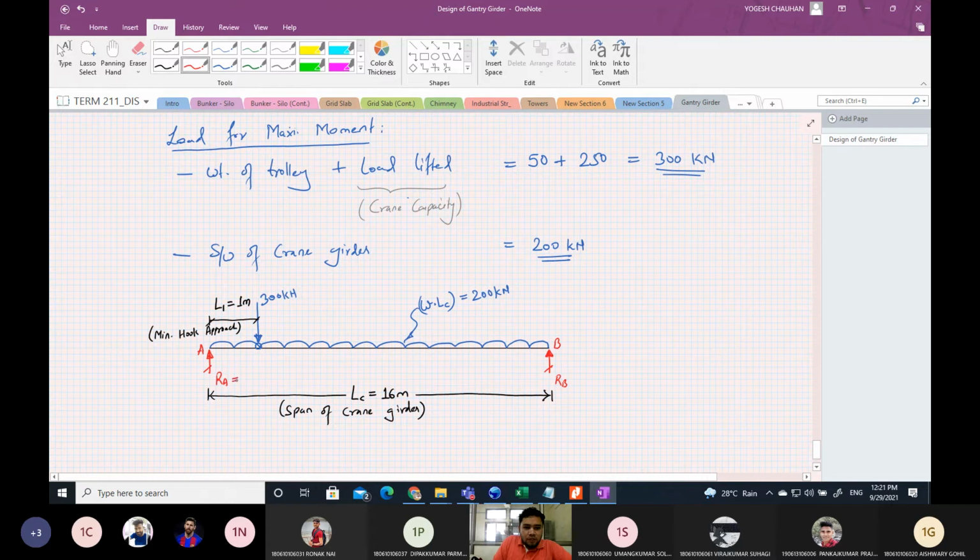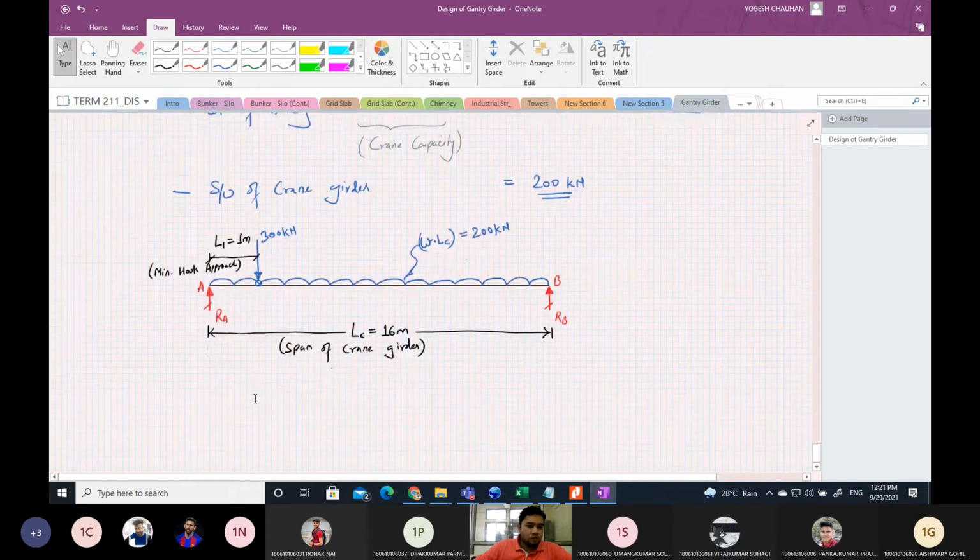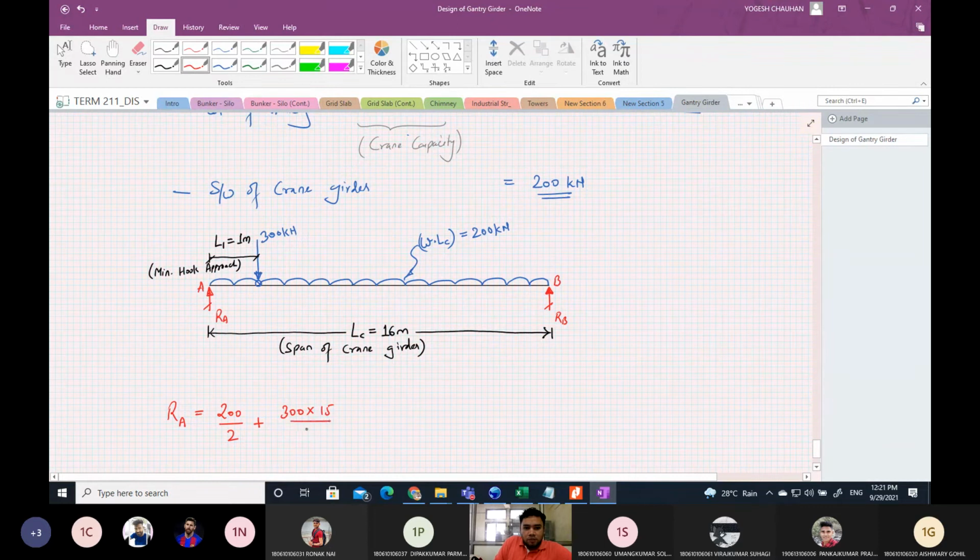So the maximum reaction at A, RA, is equal to the total load 200 by 2, plus, because of this load, 300 into 15 by 16.